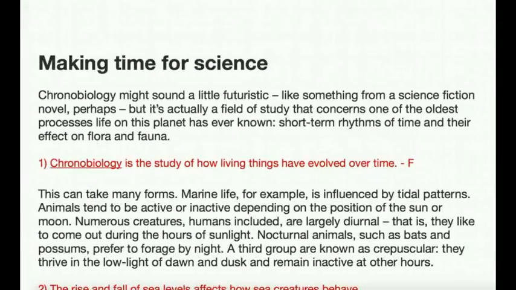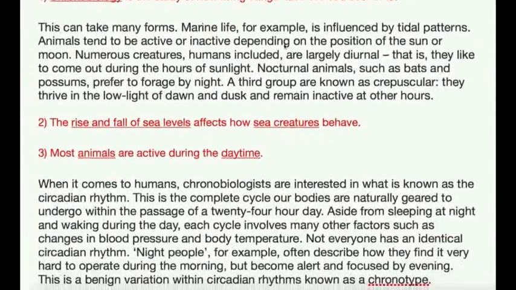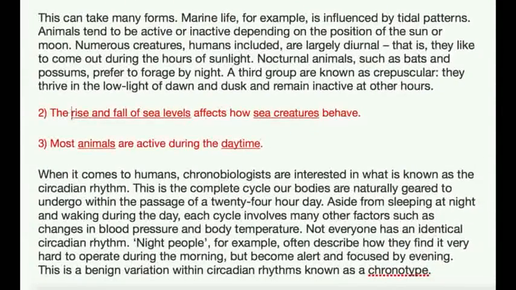Okay, now let's look at question 2 for this IELTS reading true, false, not given exercise. So statement 2, the rise and fall of sea levels affects how sea creatures behave. Now we've seen that the answer is here. Marine life, for example, is influenced by tidal patterns. Now the answer to this one is true.